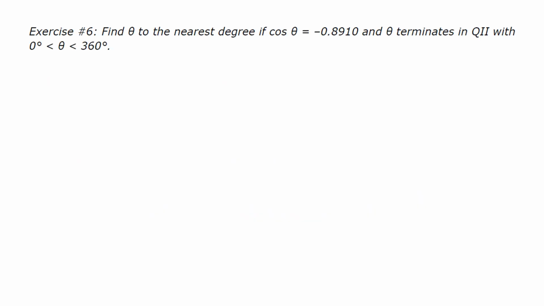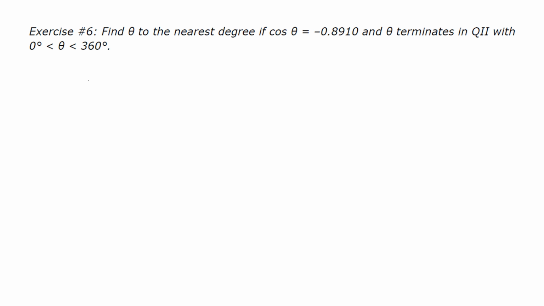So in our exercise here, it says find theta to the nearest degree if cosine theta equals negative 0.8910 and theta terminates in quadrant 2, with theta being between 0 and 360 degrees.